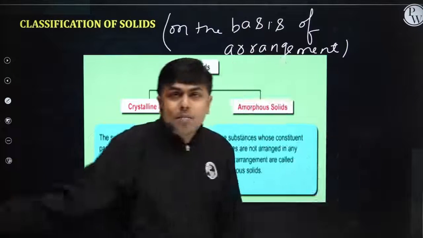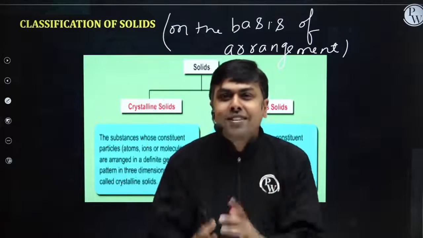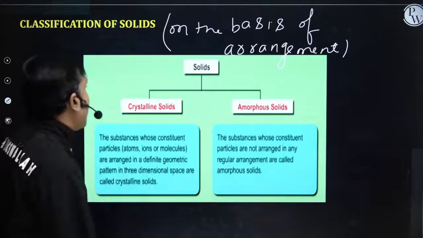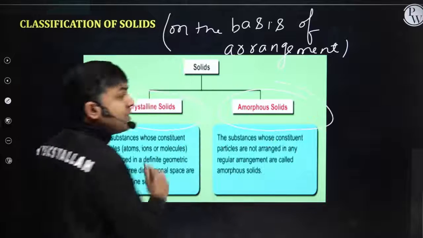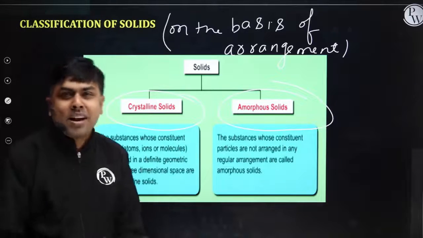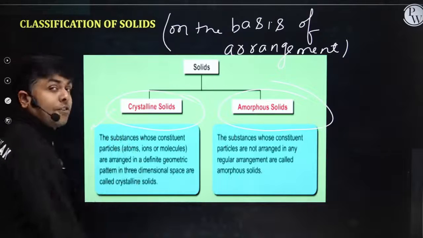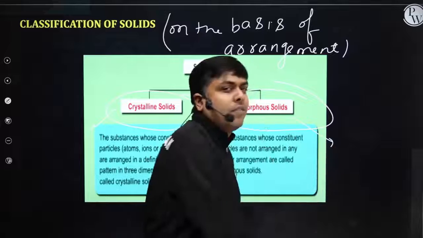Now, on the basis of arrangement of constituent particles, solids are divided into two categories: crystalline solids and amorphous solids. Students, I hope and I believe you are already familiar with these two terms. The first one, crystalline solid, and the second one, amorphous solid.